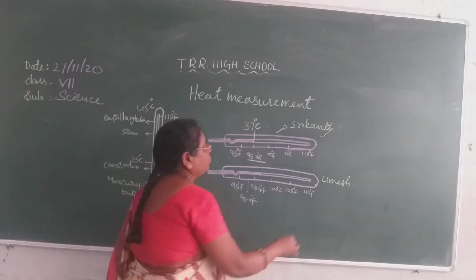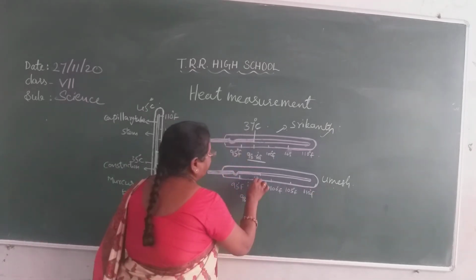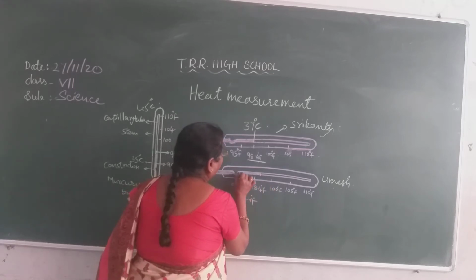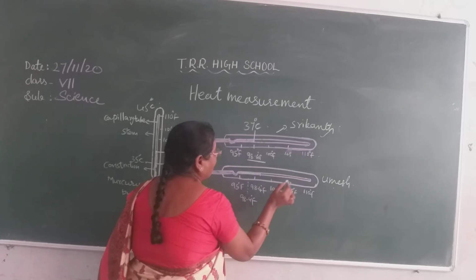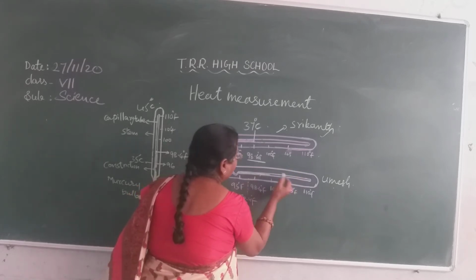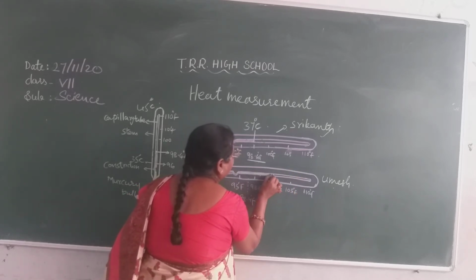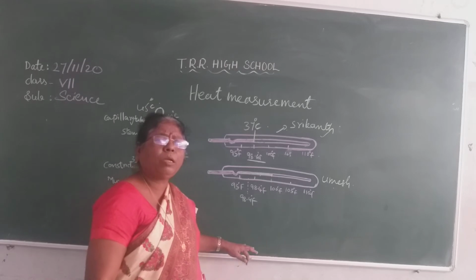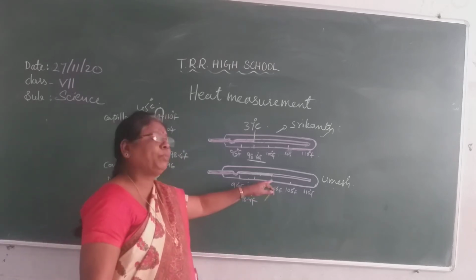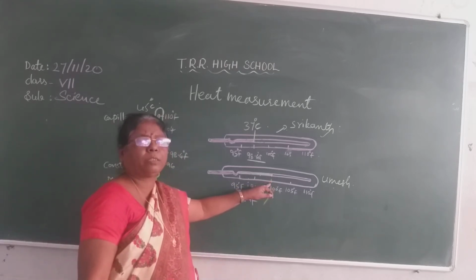Now here, Umesh. See, the mercury level has increased. You are seeing the mercury level has stopped here at 100 degrees Fahrenheit. And if you keep it in the body for a longer time also, you will get the same constant temperature.